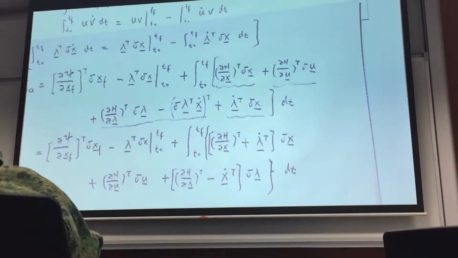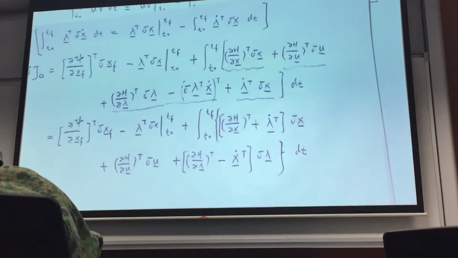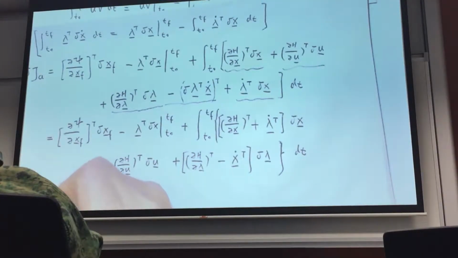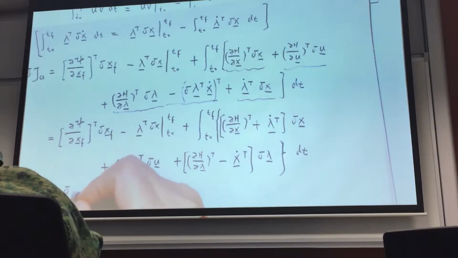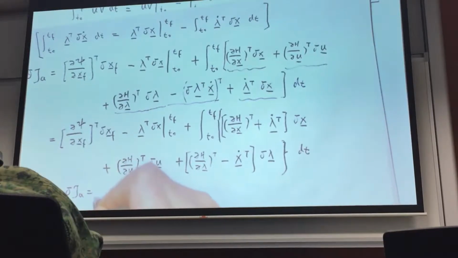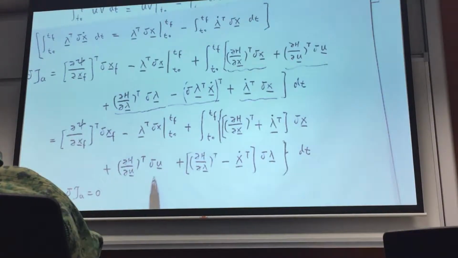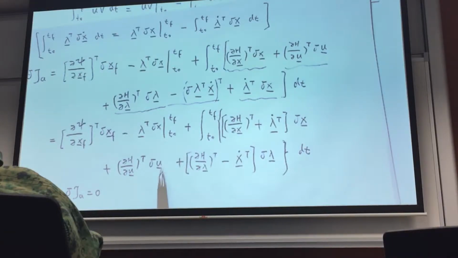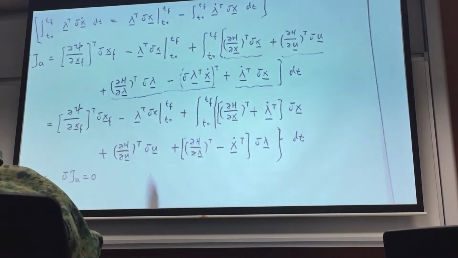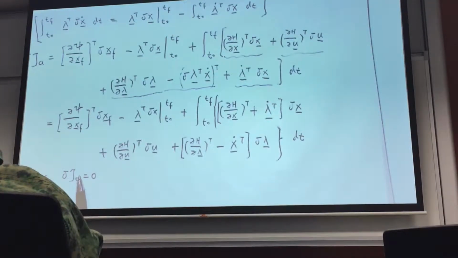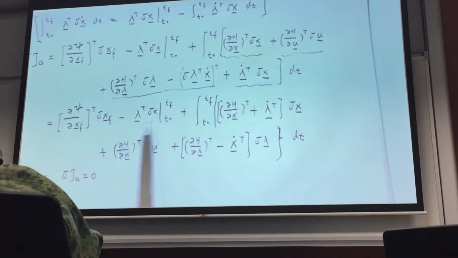So our necessary condition is to have this delta J-augmented equal to 0 for any small perturbation. For this to be 0, that means each term must be equal to 0.